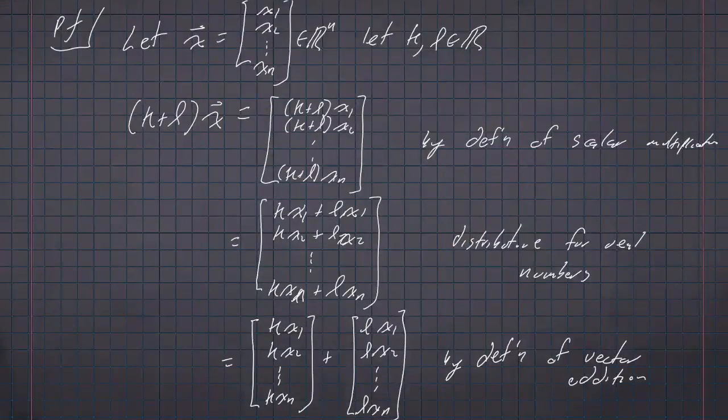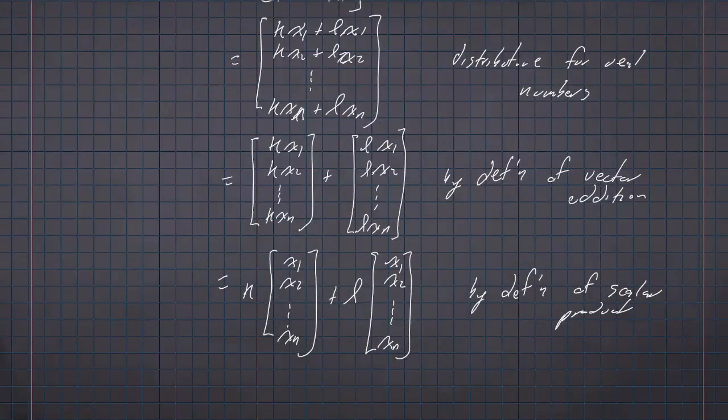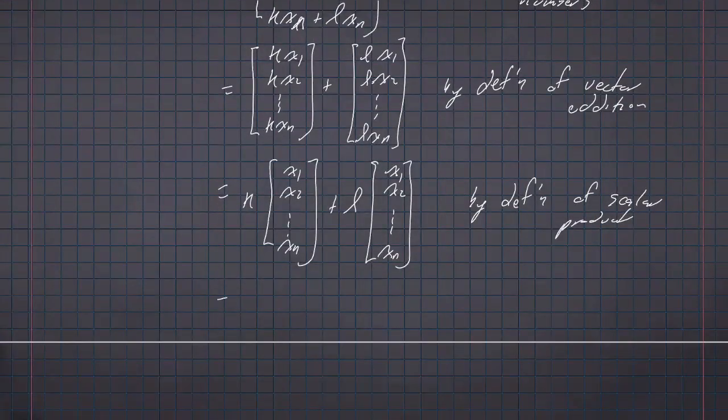And finally, that column vector x1, x2 down to xn is the vector x that I started with. So substituting that back in, I get that this actually does distribute out to kx plus lx. Again, I encourage you to take the time to go through the other properties and write out what the proofs might look like for those.